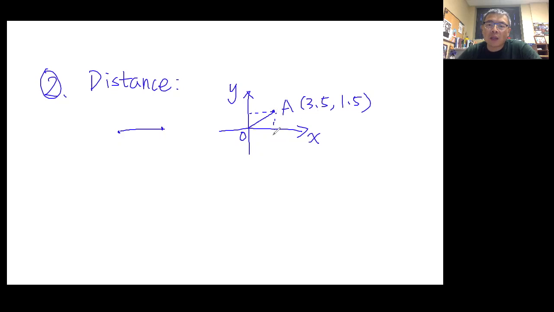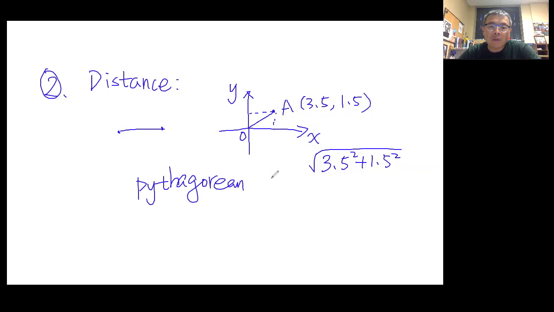It is equal to 3.5 squared plus 1.5 squared, and then the square root. Now, this part is not in the book, so you probably don't need it for your homework and quiz, but this is just something you may want to know. This is related to a very fundamental result in geometry called the Pythagorean theorem. We will talk about that later.